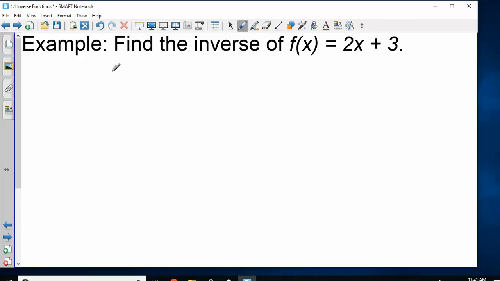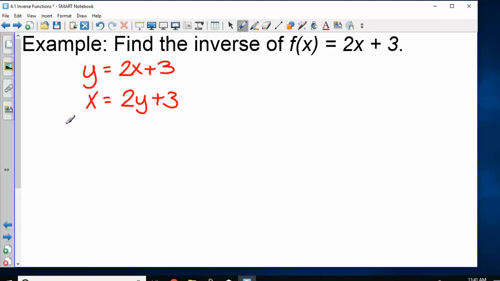Okay, so step 1, f of x becomes y. Step 2, interchange x and y, so it becomes x equals 2y plus 3. Remember, if you have multiple x's over here, every x becomes a y. Okay, now we just solve this equation for y.